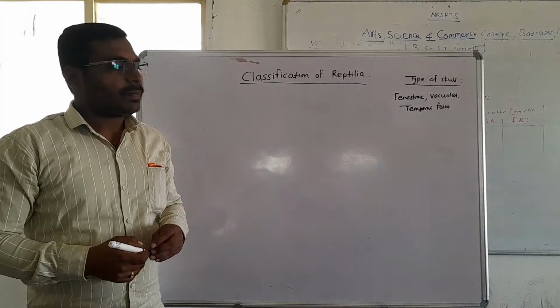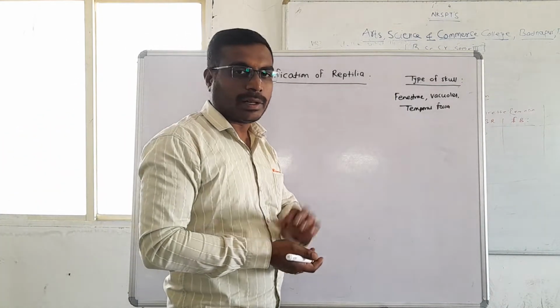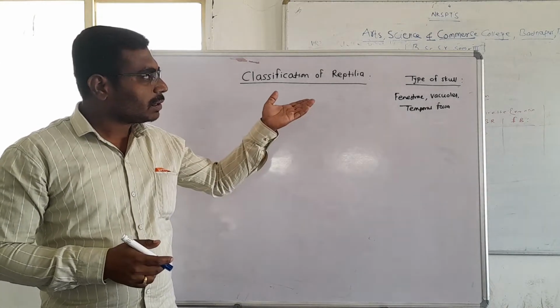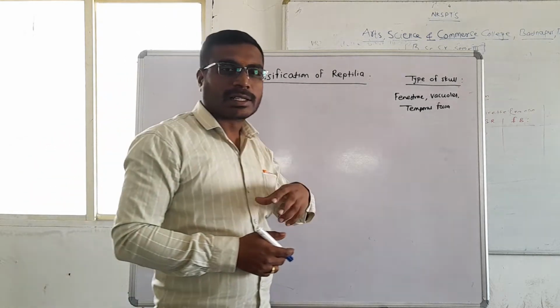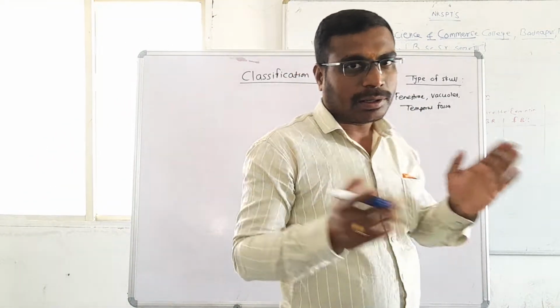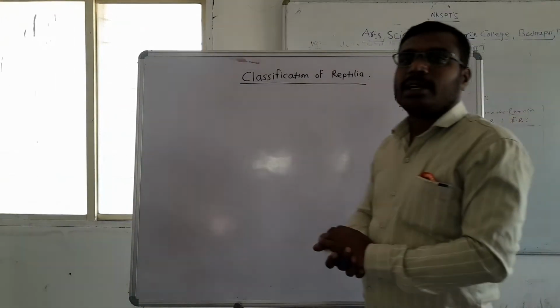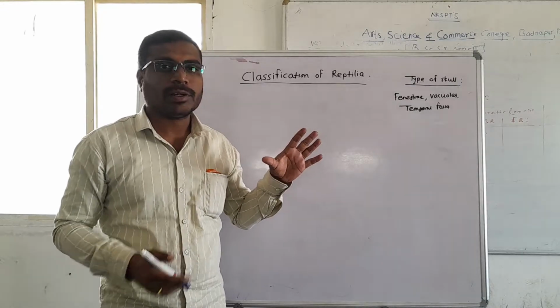In the skull of these reptiles, there is a small opening, an empty space. We can call it a vacuity. These empty spaces are present inside the skull for the purposes of muscle contraction and relaxation.